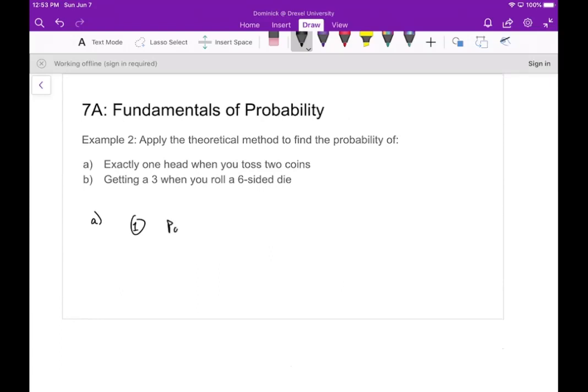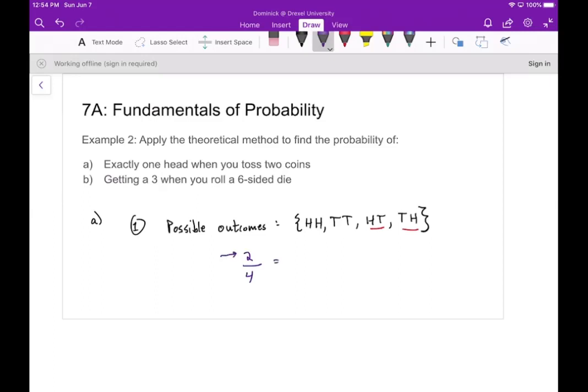Well, the possible outcomes would of course be when we toss 2 coins, we could get both heads, we could get both tails, we could get a heads first, then a tails, or we could get a tails and then a heads, similar to the boy-girl problem. Now, how many of these have exactly 1 head? Well, it's this one and this one, right? So the total number of outcomes would be 4, and the ones that we're interested in would be 2.